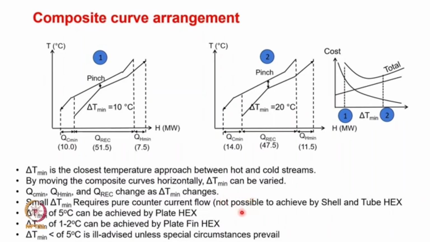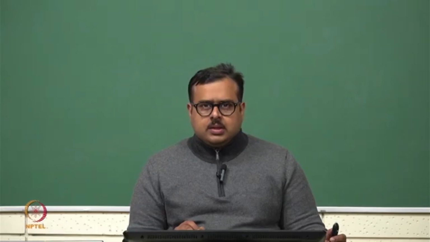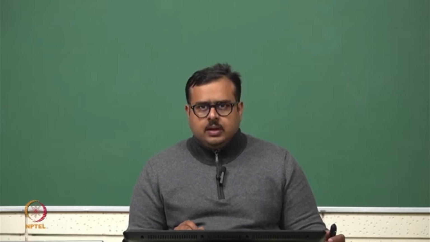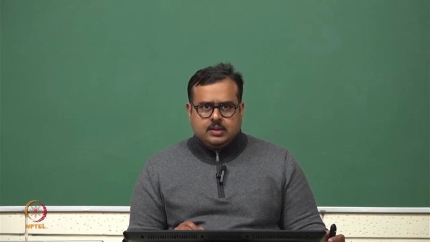So what you can see here is that a small delta T minimum requires pure counter current flow. Pure counter current flow is typically not possible to achieve with shell and tube heat exchangers. Why? Because you would have baffles there, and there are other obstructions. So 100% counter current flow may not be achieved by shell and tube heat exchangers.